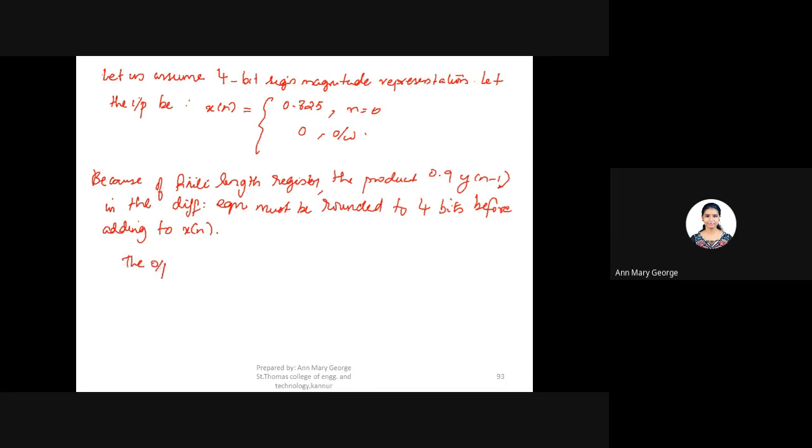The output y of n with rounding is given by y of n equals Q of 0.9 y of n minus 1 plus x of n.